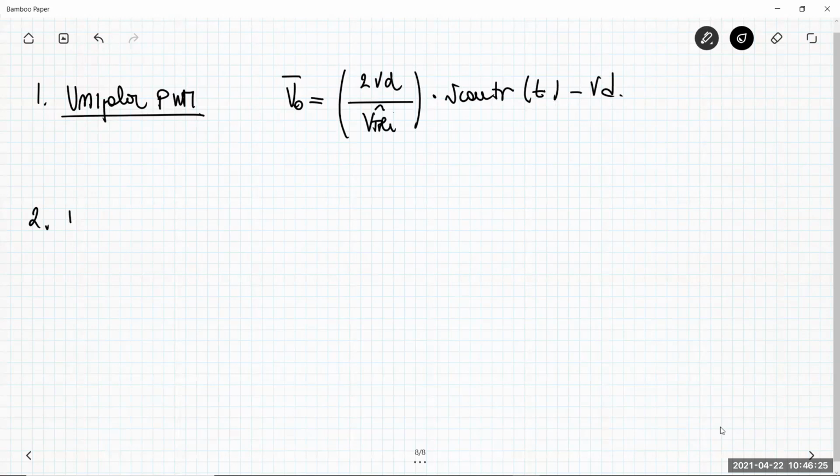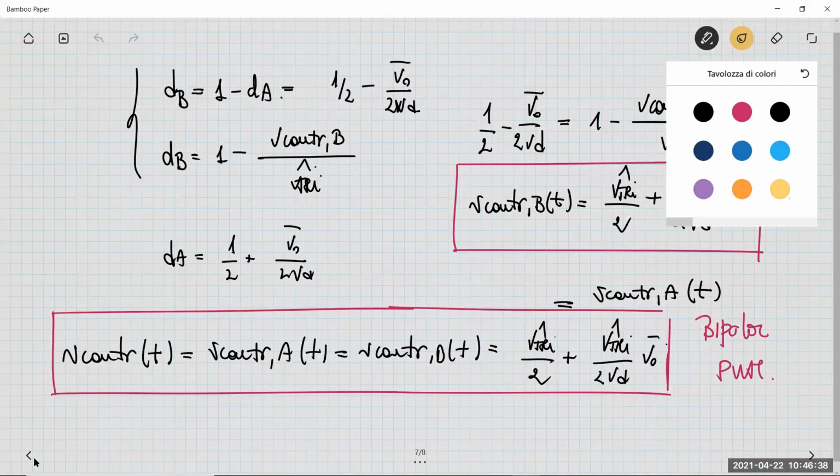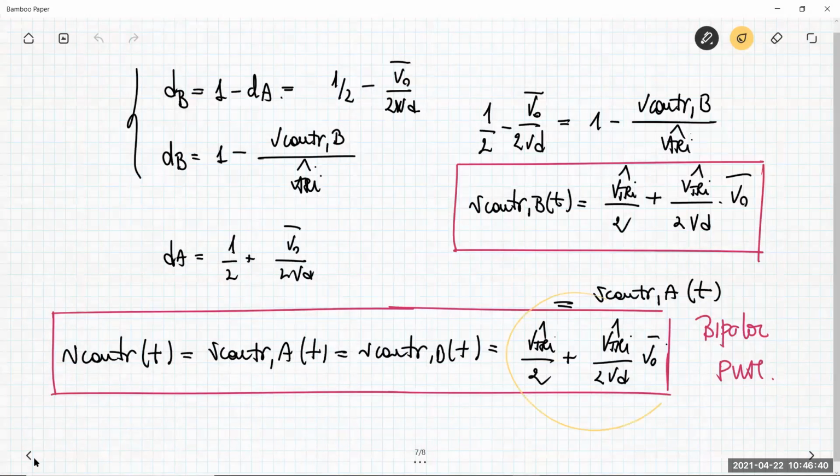And what happens for the bipolar pulse width modulator? Again, exploit this expression here, which relates the voltage V naught average value with the control voltage, the peak value of the triangular voltage and Vd.